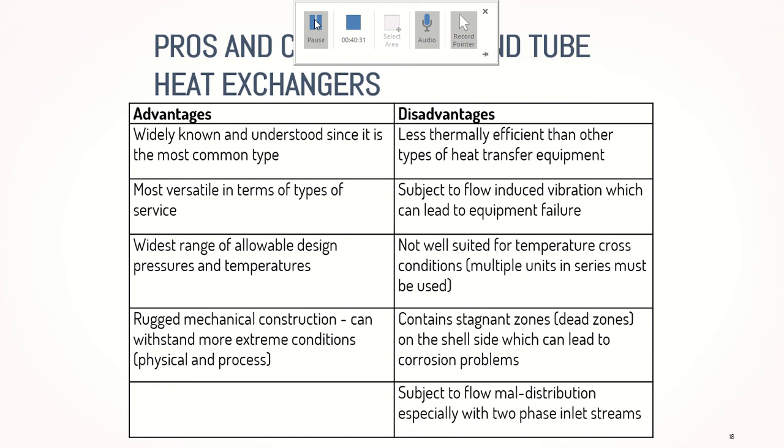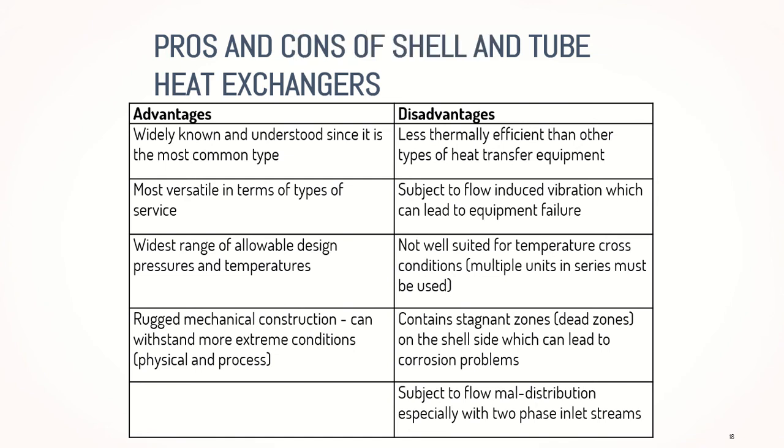However, we also have disadvantages: it's less thermally efficient compared to other types of heat exchanger, and it's subject to flow induced vibration which can lead to equipment failure. Sometimes, due to the flow pattern inside the heat exchanger, we can have vibration.